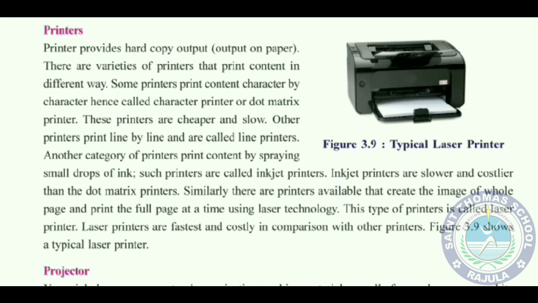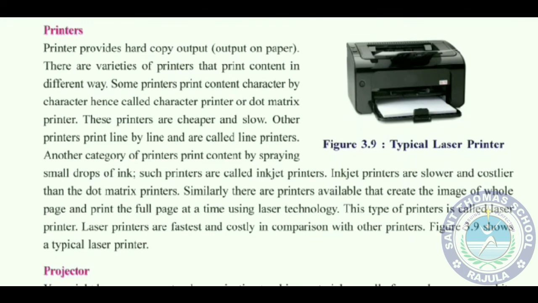Then the next type of printer creates the image of the whole page. Meaning here the whole page is printed as an image, and then it will print the full page at a time using laser technology. This type of printer is called the laser printer, and laser printers are the fastest.